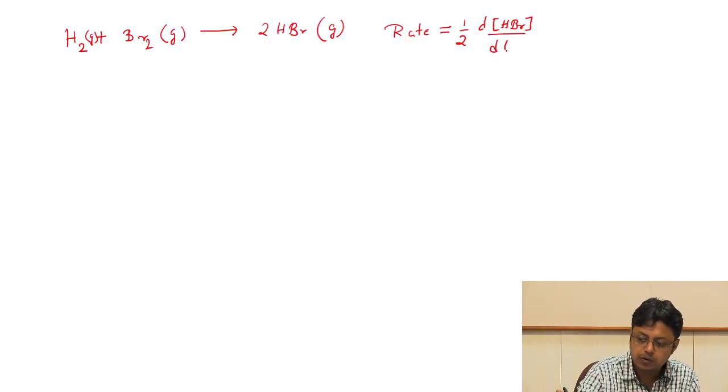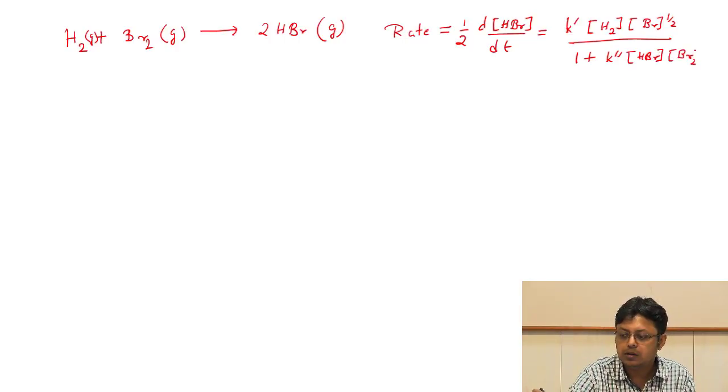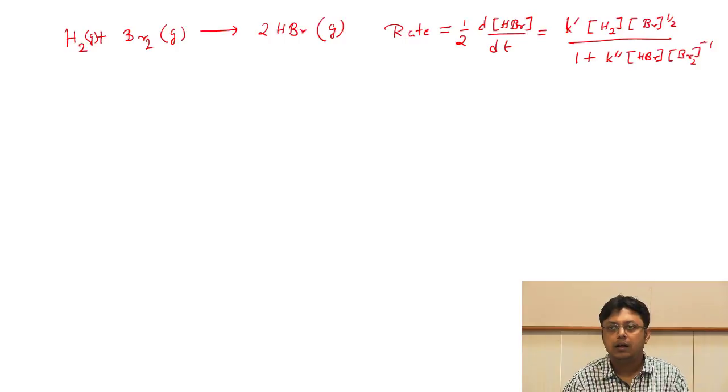Here there is only one product, HBr, which was k2, k prime. k prime is one of the rate constants, and if you remember, it was something like 1 plus k double prime [HBr] into [Br2] minus 1.